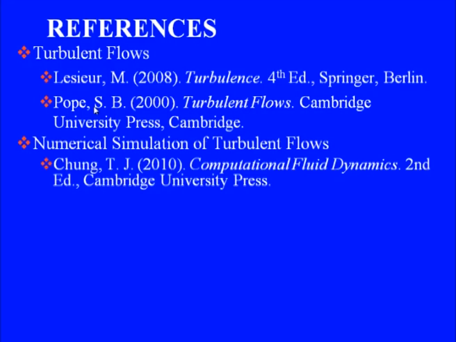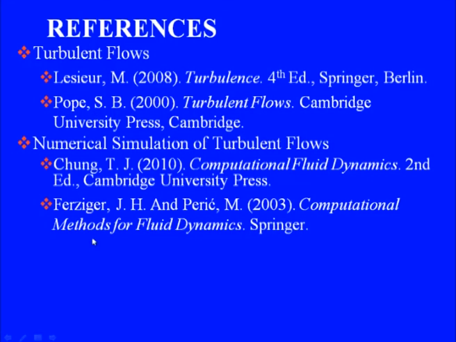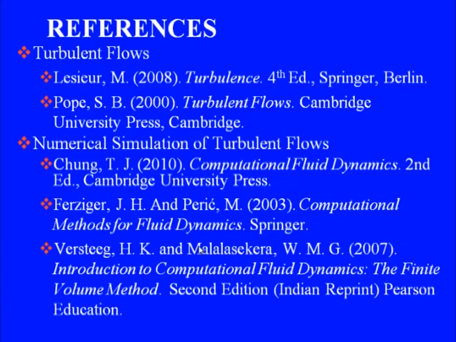For numerical simulation related things, Chung's book also gives us quite some details. Similarly, you can have a look at the book by Ferziger et al. on computational methods for fluid dynamics, and this Versteeg and Malalasekera book on finite volume method, that is Introduction to Computational Fluid Dynamics, the finite volume method.